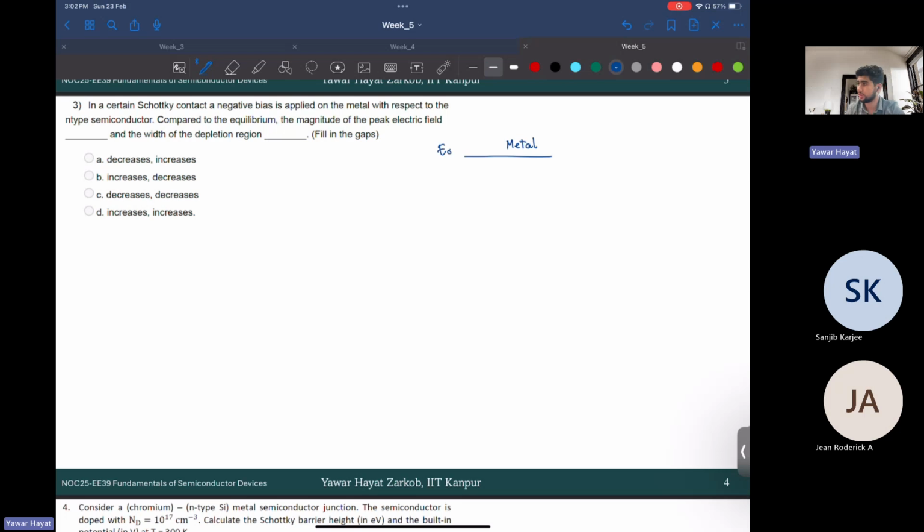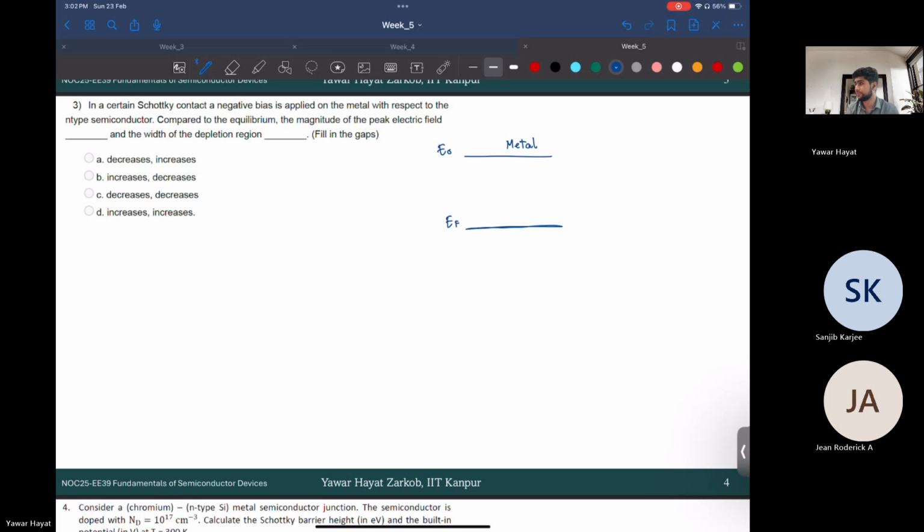This is the vacuum level E0, and this is the Fermi level on the metal side. Sir, option B? That is incorrect. We'll see why. So this is E0, and this is the metal Fermi level.